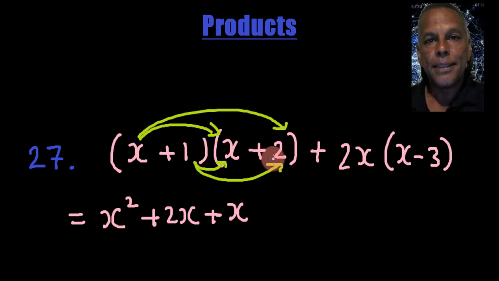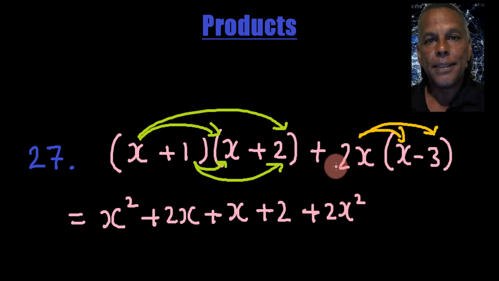And positive 1 times positive 2 is positive 2. Now we can multiply the 2x into this set of brackets. So positive 2x times x is positive 2x squared, and positive 2x times negative 3. A plus times a minus is a minus, so this is negative 6x.